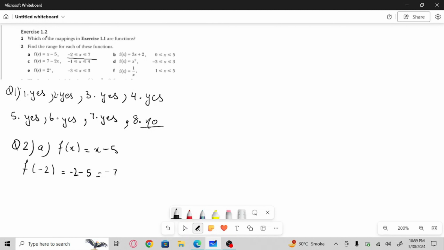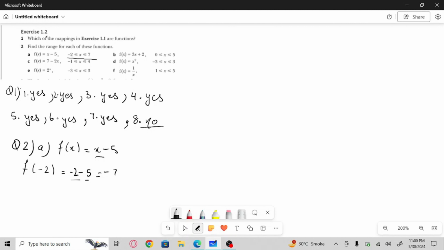I said the function of x is equal to x minus 5. So if I input the value of x into the function, I will get x minus 5. Similarly, if I put the value of -2 in my function, instead of x, I will be writing -2 minus 5 as the function said. So that will be equal to -7.